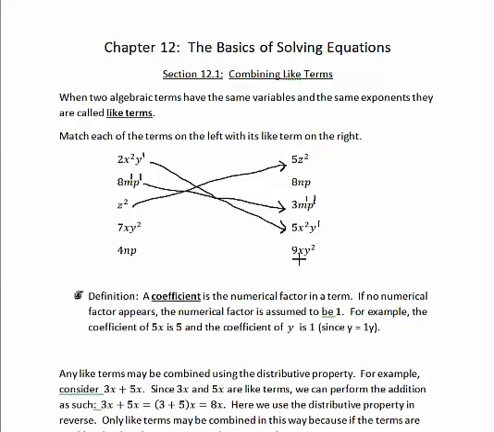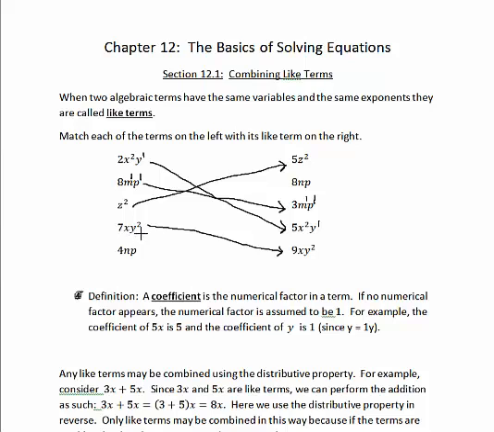7xy squared, and here we have a 9xy squared on the bottom of the second column. Now keep in mind, directly above the 9xy squared we had a 5x squared y. Same variables, but we didn't match the 7xy squared to that term because the exponents are different.